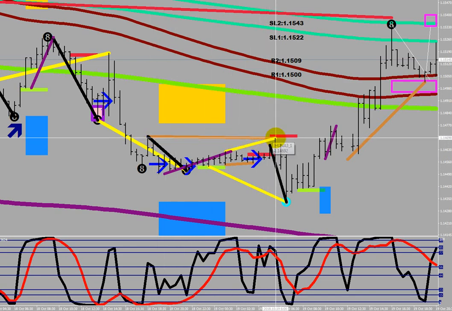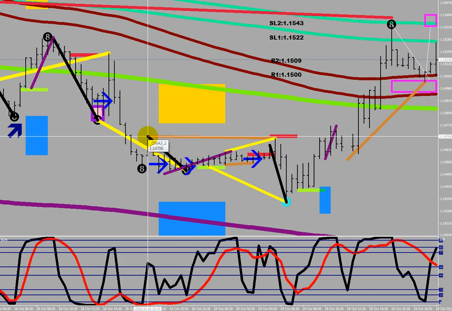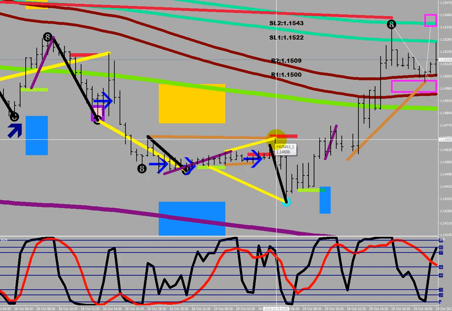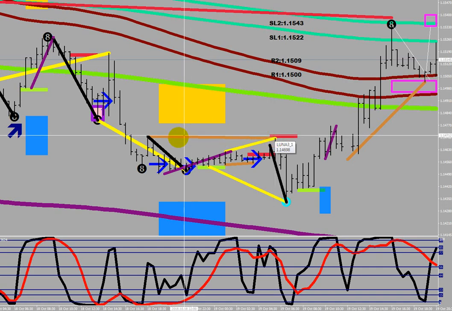It actually ends up in a continuation divergence, which is between this reading and this reading. Both are fractals, although they are not plotted, and the point is that the market reached a lower high with a higher stochastic reading.